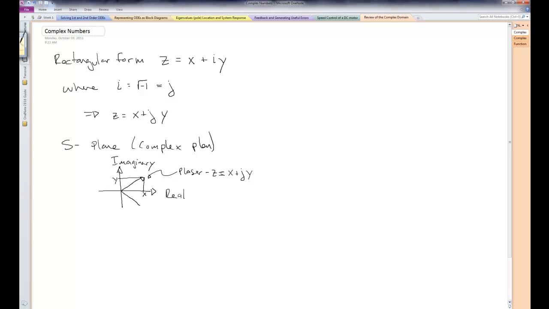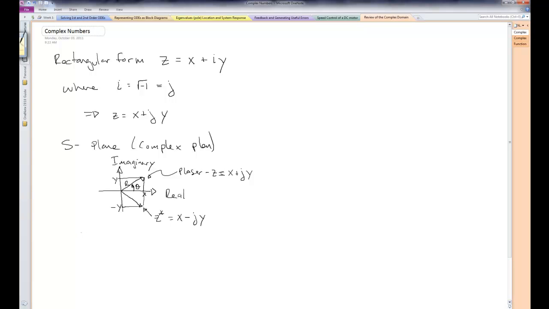We could also draw the complement, or what is really the conjugate of that, which we know is to take the negative of the imaginary part. We can also define an angle theta, which is measured from the x-axis in the counterclockwise direction, and a distance r, which is the length of the vector or phasor out to the point z.